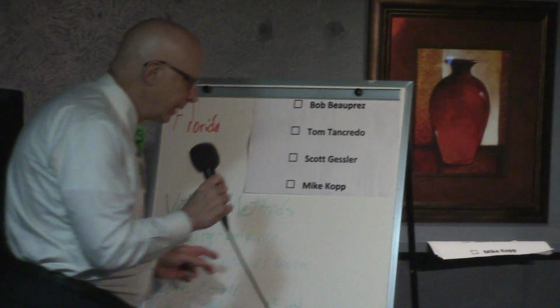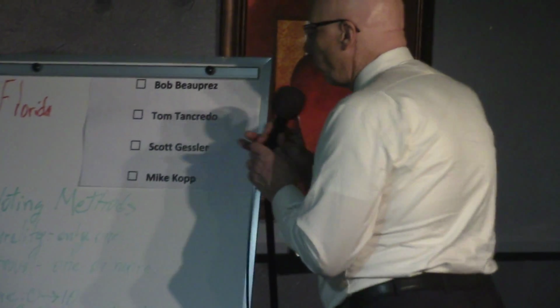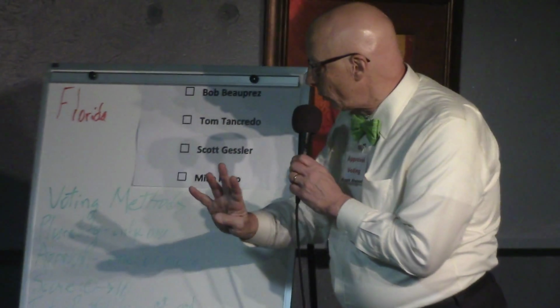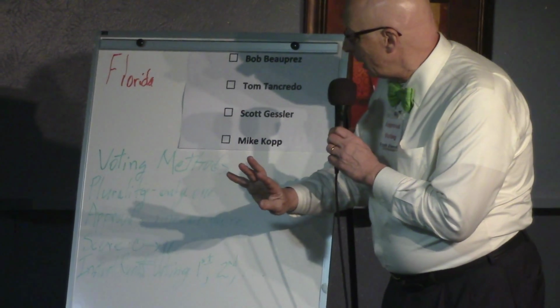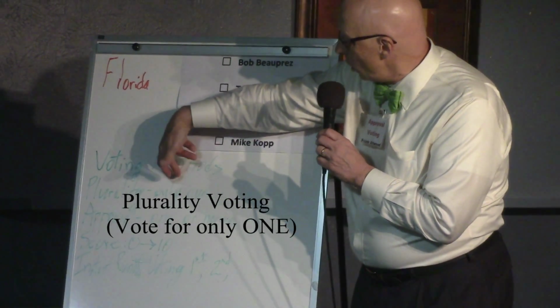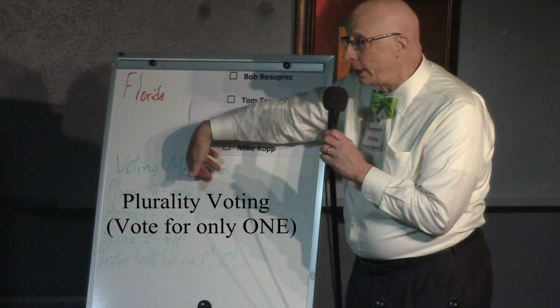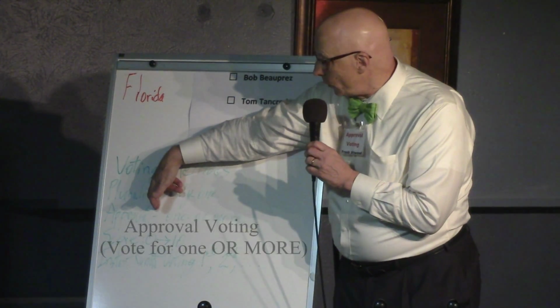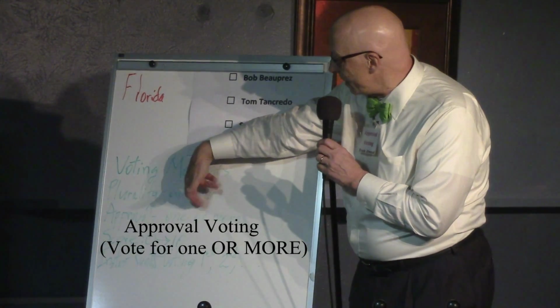Okay. For alternative voting methods, it's kind of difficult to read my writing. The 4 that we're going to be discussing today: plurality, which is vote for only one, which is what we have. Approval voting is vote for one or more.